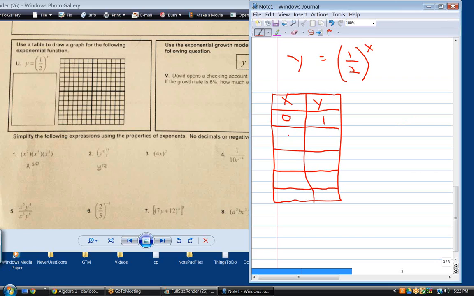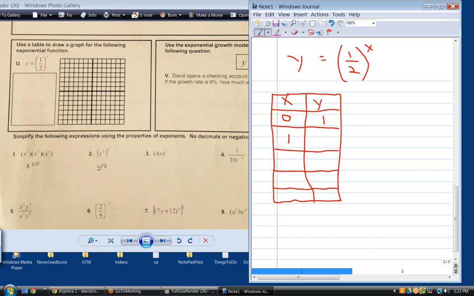What's another good value for x? What's the next easiest thing to do? 1. What's y when x is 1? 2. What's 1/2 to the 1 power? 1/2.